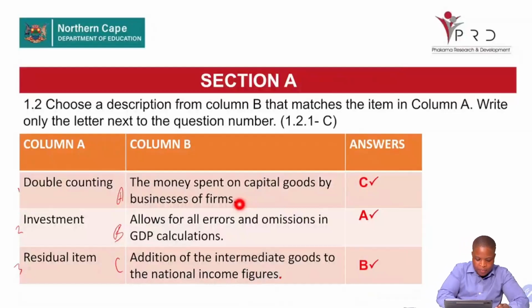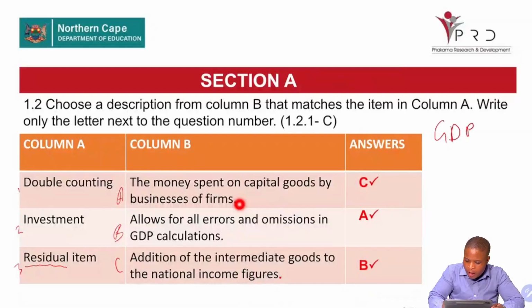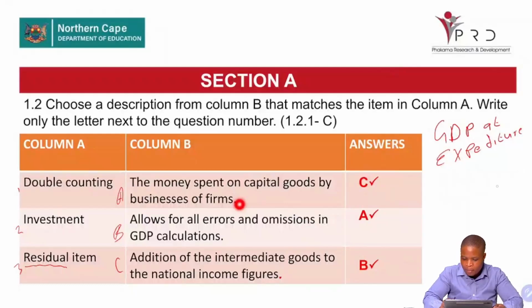Residual item, this one, we find it when we are doing our GDP at expenditure method. When you're doing GDP at expenditure method, we have consumption by household, we have gross capital formation, government expenditure. Then there's this item, residual item. It was introduced in grade 12.